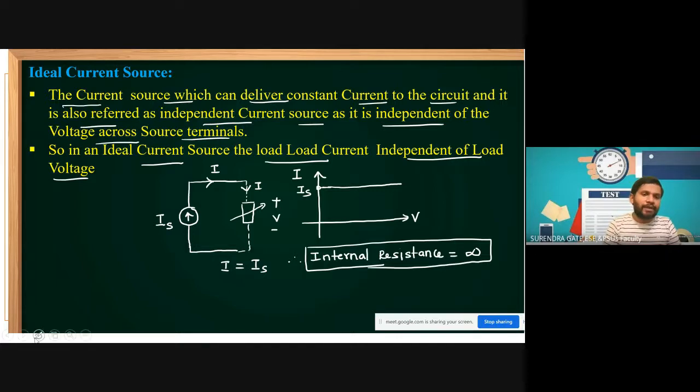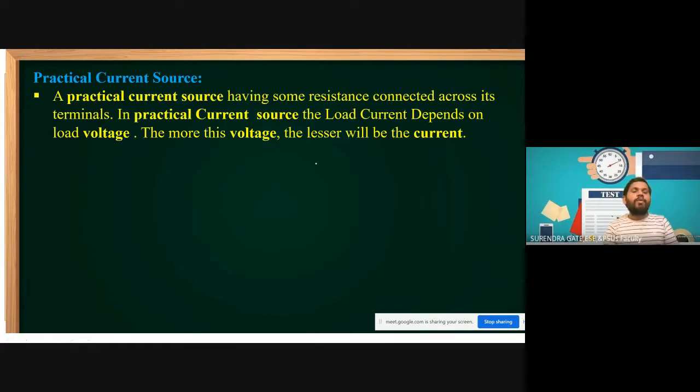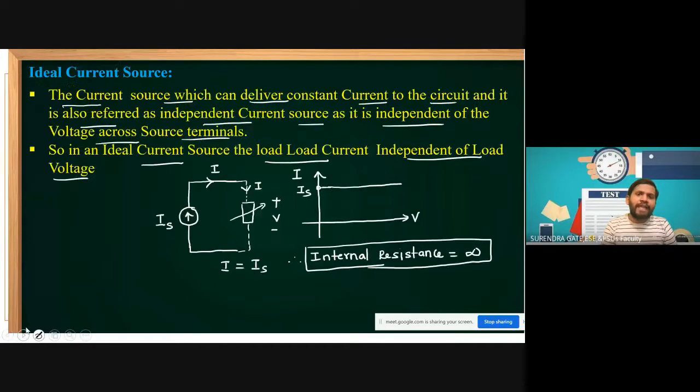That point you concentrate. Next, what is the practical current source? A practical current source has some resistance connected across its terminals. That is important. Generally, a current source has a resistance across the terminals.